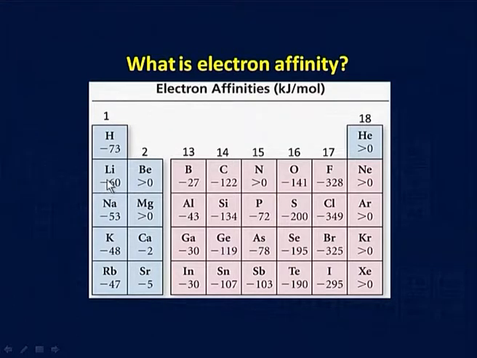The value for lithium, for example, is 60, beryllium is 0, boron is 27, carbon is 122, nitrogen again is 0, oxygen increases to 141, and fluorine is 328 kilojoules per mole. So, why these values vary and how they change, we have to learn.